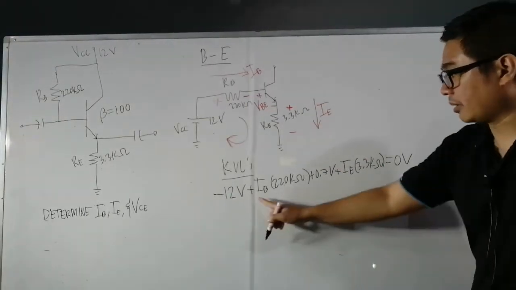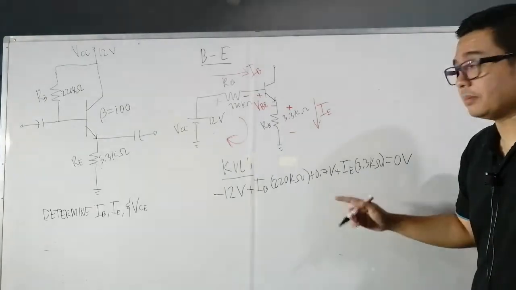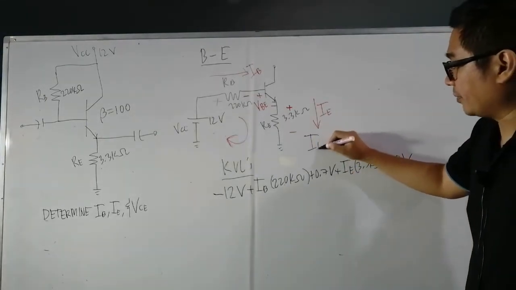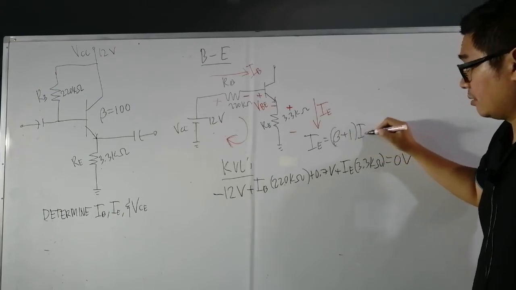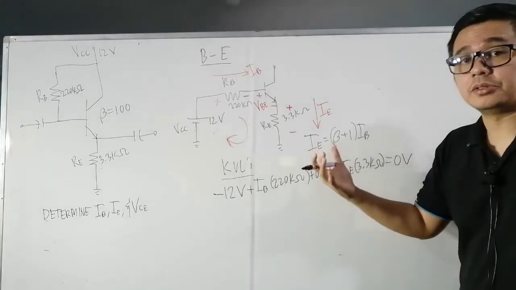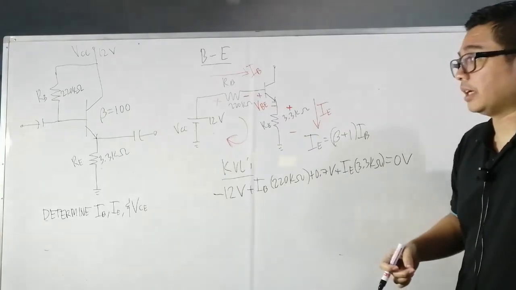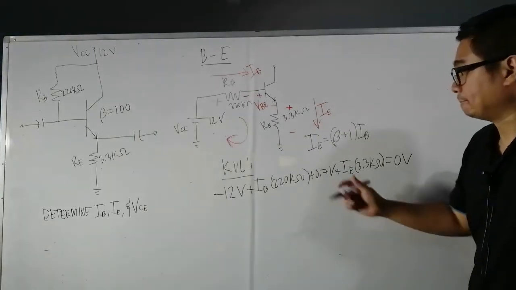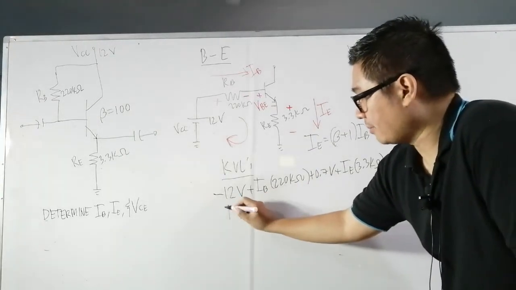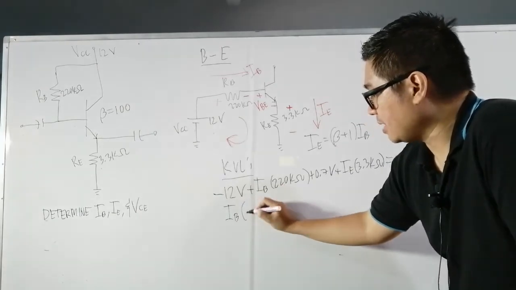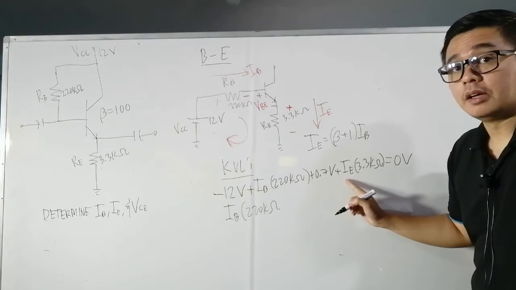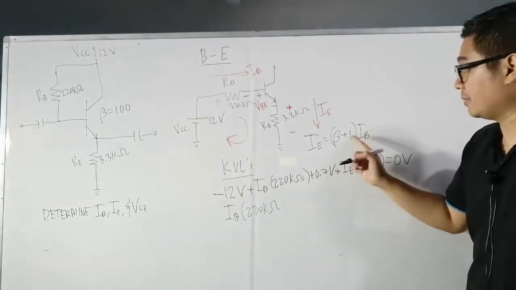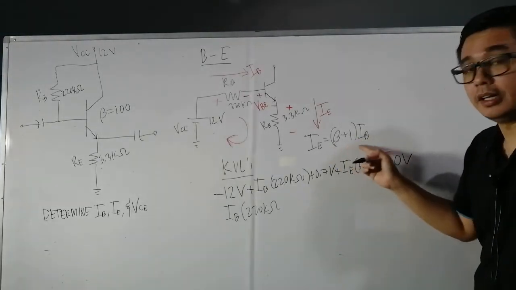So this is the KVL equation for the base and emitter terminal side. Combine natin yung dalawang term na may IB at IE. Again, alam natin na ang IE is equal to beta plus 1 times IB. So kung mapapansin natin, similar ito dun sa naunang variation ng common collector. Pagsamahin natin yung mga may IB na terms. IB times 220 kilo ohms. Instead of using IE, gagamitin natin itong equation na to.